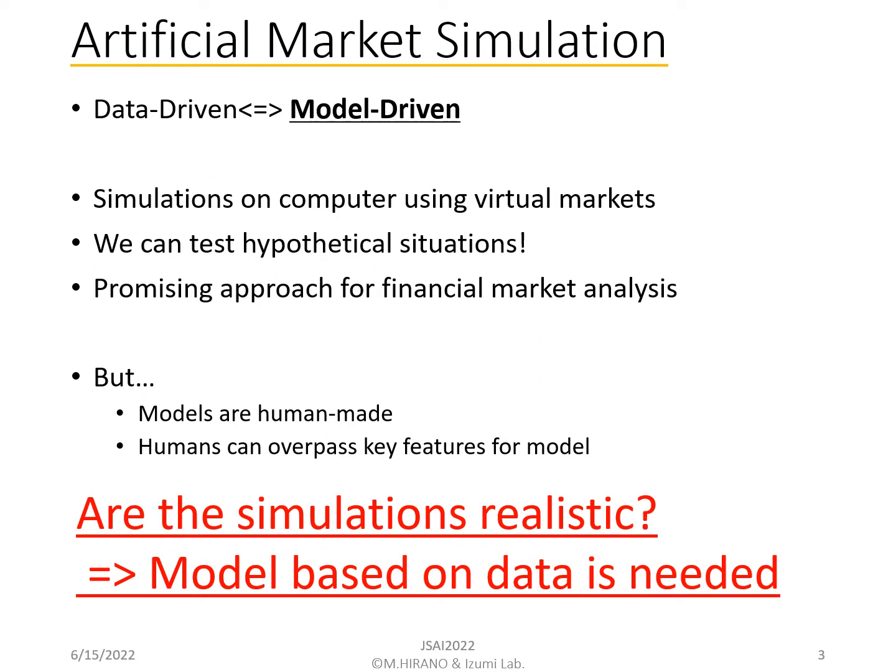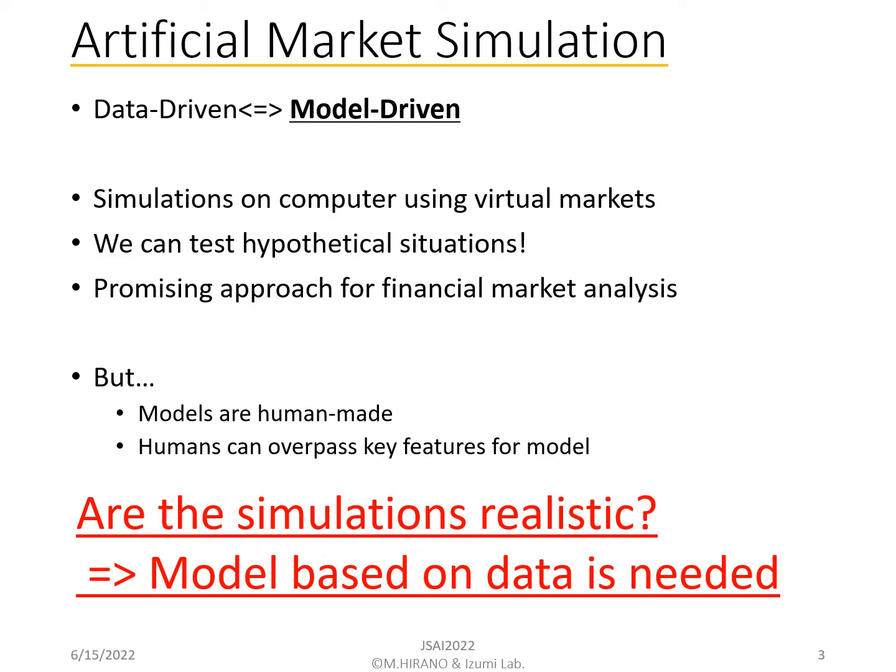Artificial market simulation is one example of simulations for financial markets. This is a kind of model-driven approach, and simulations are run on the computer using a virtual market, so we can test hypothetical situations. This is a very promising approach for financial market analysis. However, there are some problems.